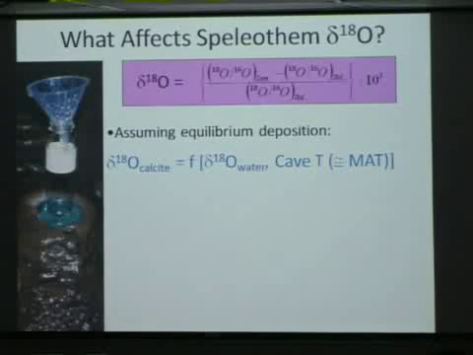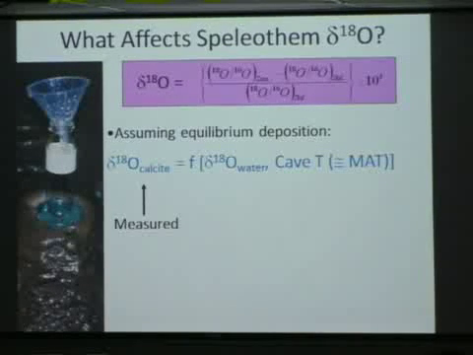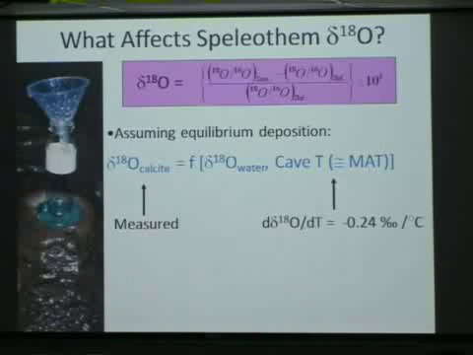So the approach that we tend to use then, of course, is we actually measure the delta 18 of the calcite in a mass spectrometer. And then this cave temperature effect on the calcite delta 18 is fairly well known. It's relatively small compared to some of the variations that we see in the speleothem.